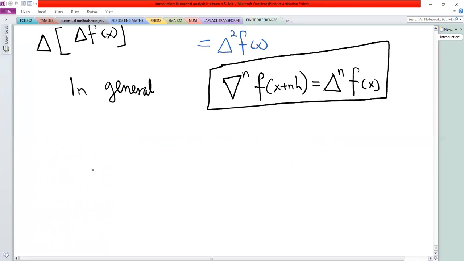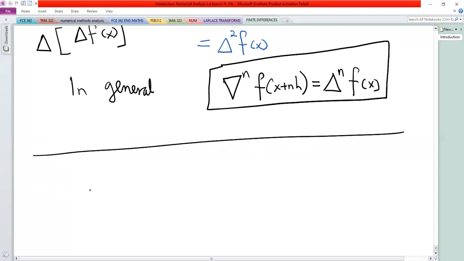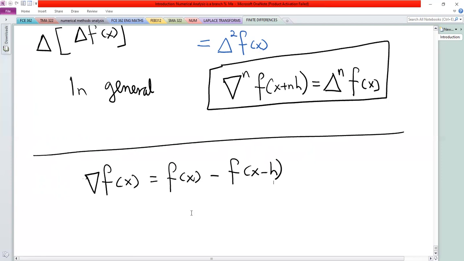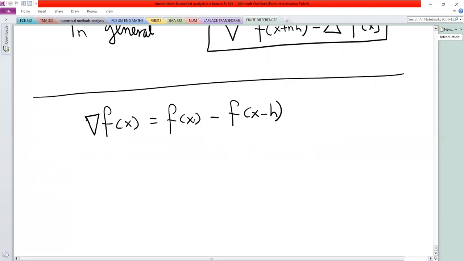in general. Now, we also know that by definition, backward of f of x is given by f of x minus f of x minus h. And then we also know the result that shift of f of x is given by f of x plus h.